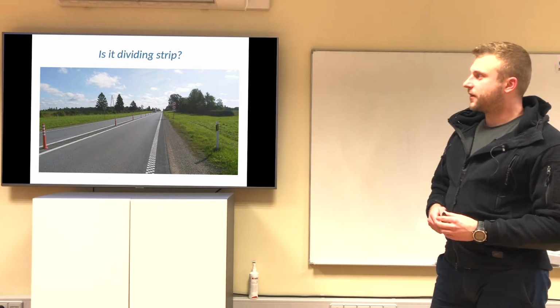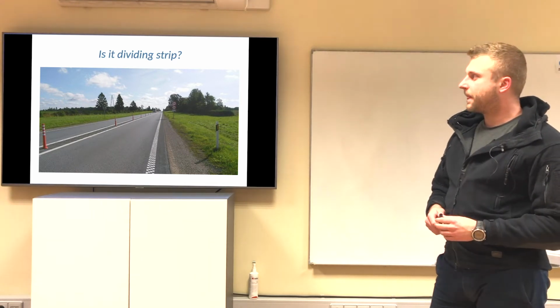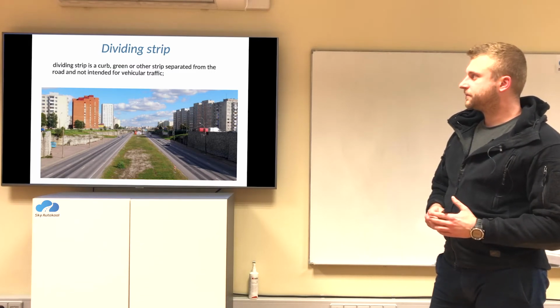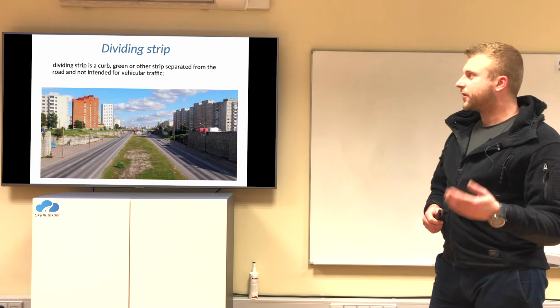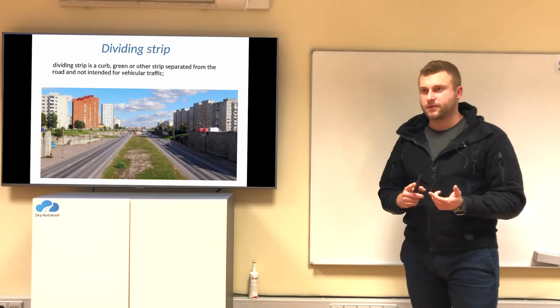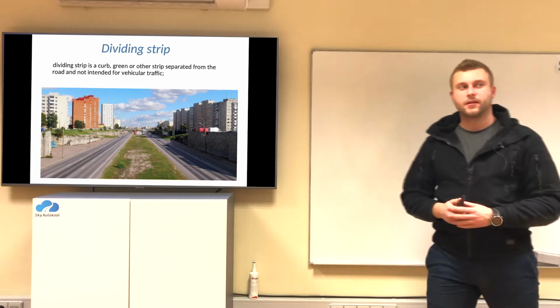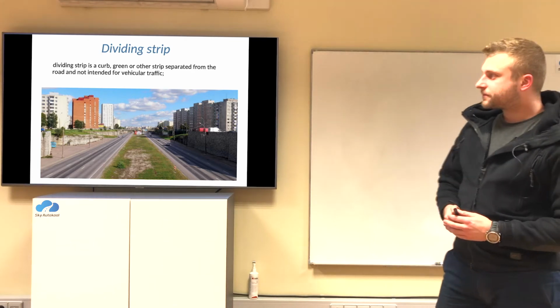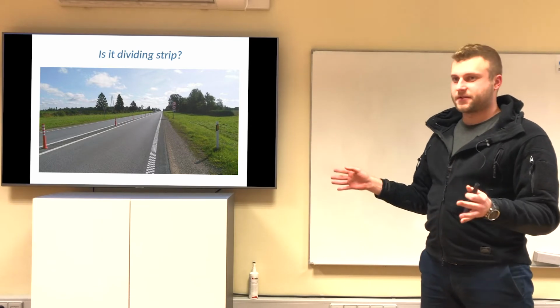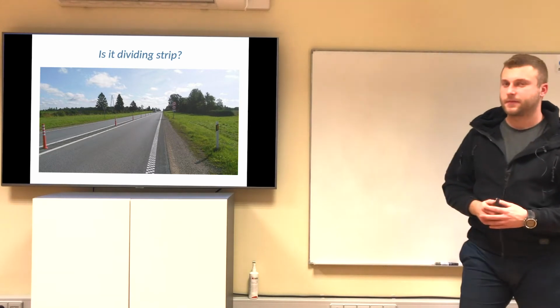We can check the slide again. It is a curb, green or other strip separated, so it can be grass, sand, or this kind of thing. So this is just road markings, cones, and signs. It's not a dividing strip.